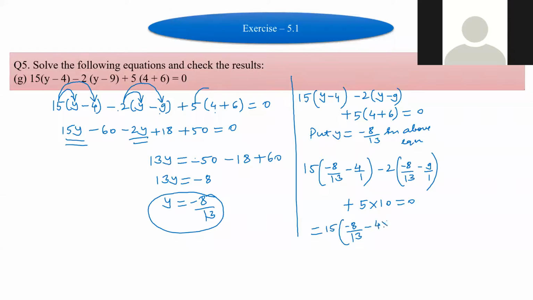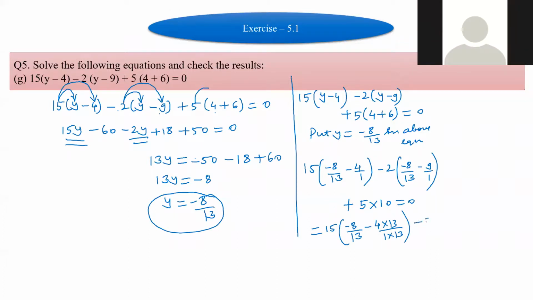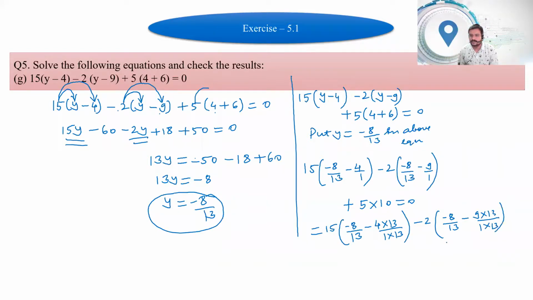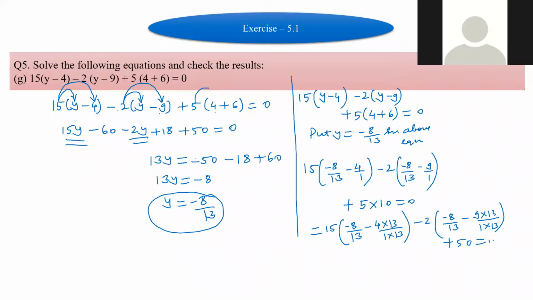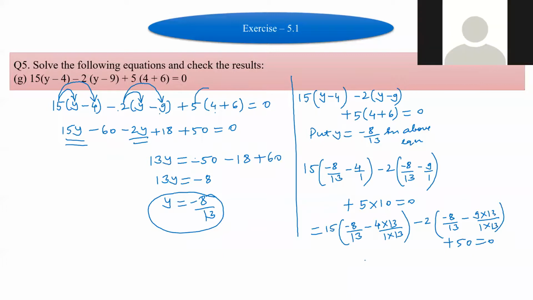So we will write 4 into 13 and 1 into 13, minus 2, then minus 8 upon 13, then minus 9 into 13 and 1 into 13, plus 50 is equal to 0. Then 15 bracket minus 8 upon 13 minus 52 upon 13.